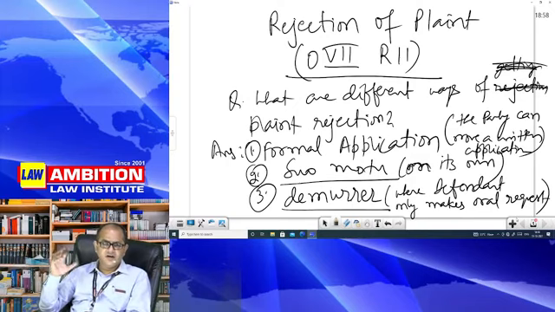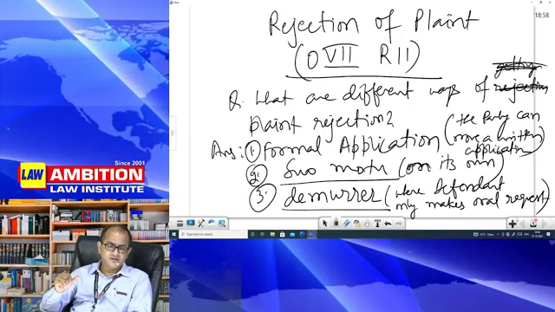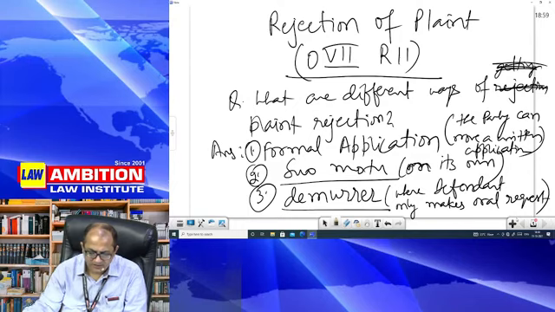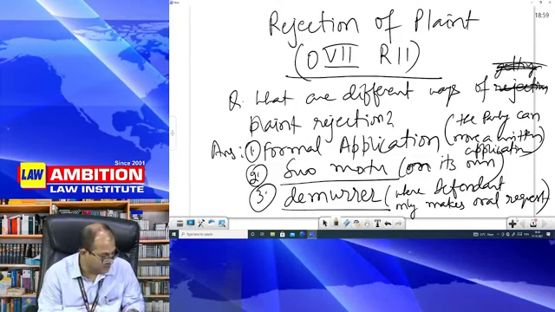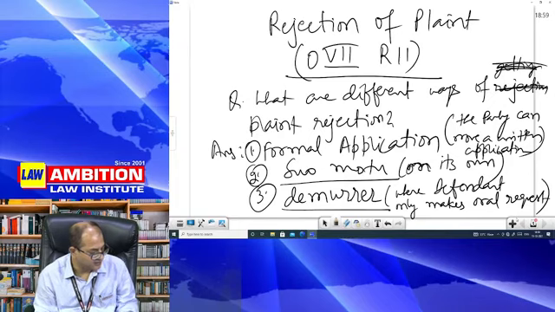Anybody can read for months and years and he can be more informative than us. But only information sharing is not the purpose. The purpose is to learn the law in proper context and proper manner so that we can produce the best text in answer writing or in answering the objective questions. हमारा उद्देश्य कुछ अलग है. अब देखिए यदि ये तीन प्रकार से हमारे पास एप्लीकेशन आ गया तो हम रिजेक्शन पे विचार कर सकते हैं.